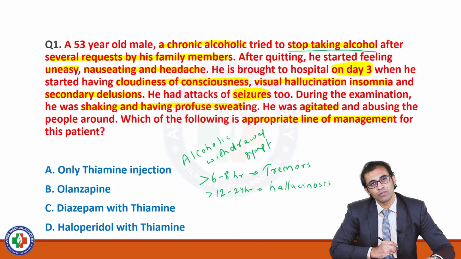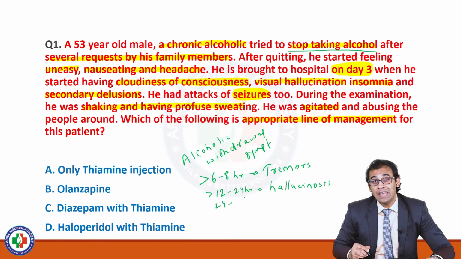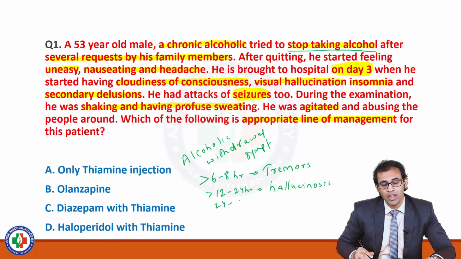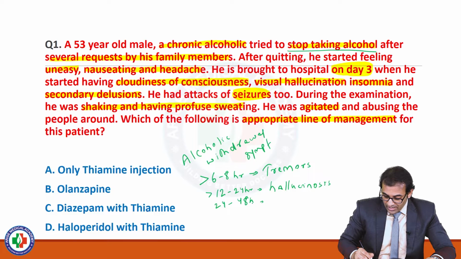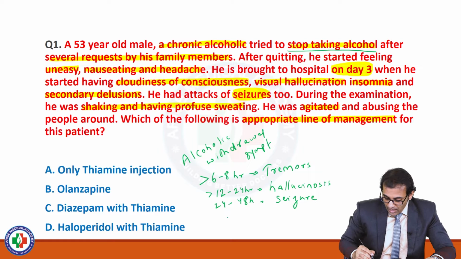And if he had the last peg 24 to 48 hours before, now he will be having seizure, which is also called cluster seizure, or rum fits, GTCS.